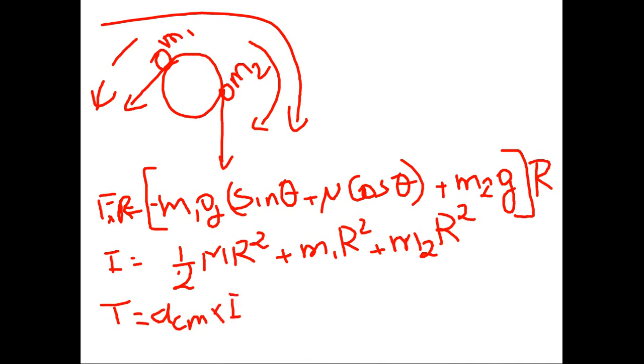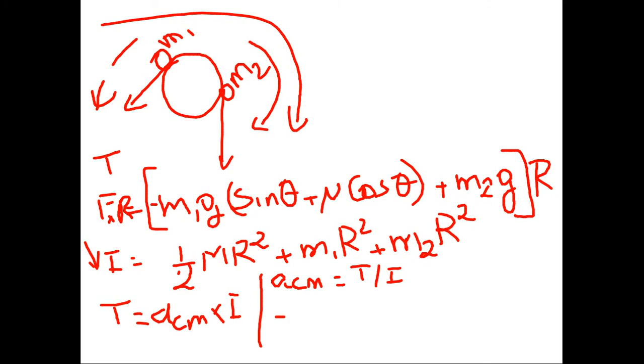So if you want to derive the angular acceleration, we need to divide the torque by the inertia. One R is going to disappear.